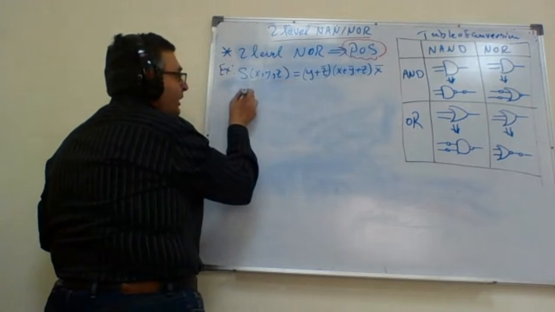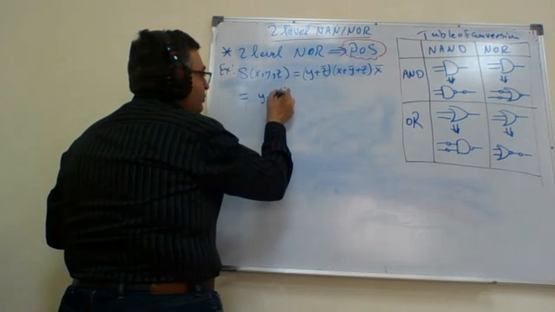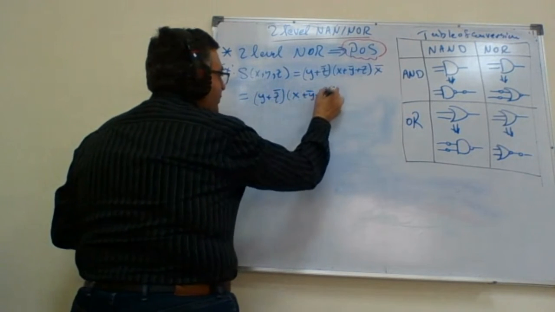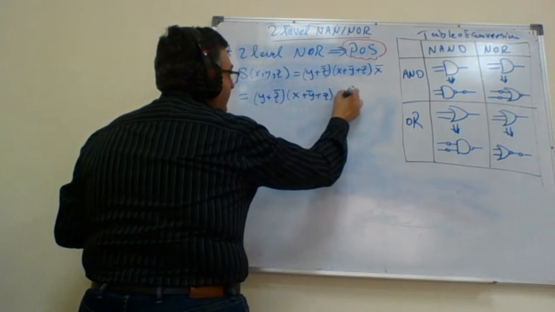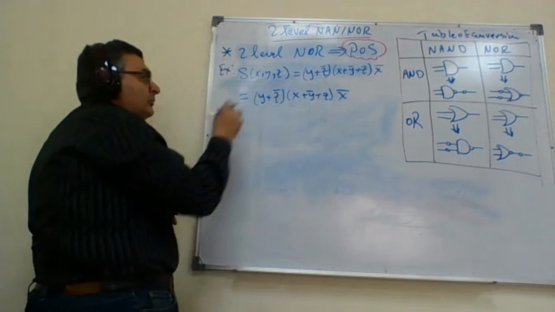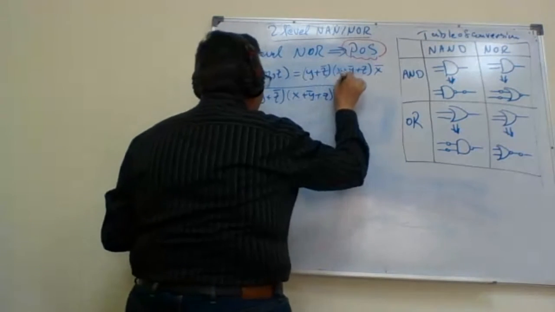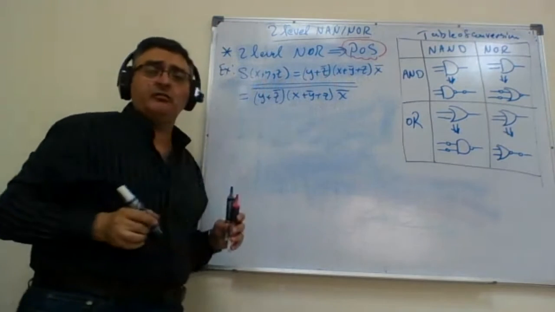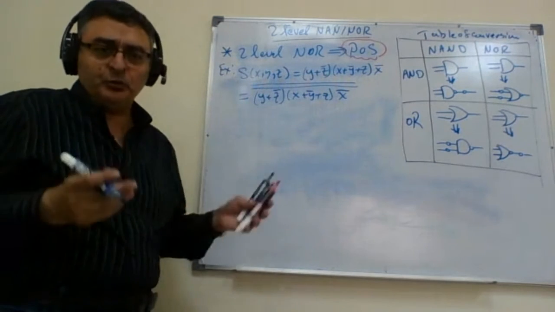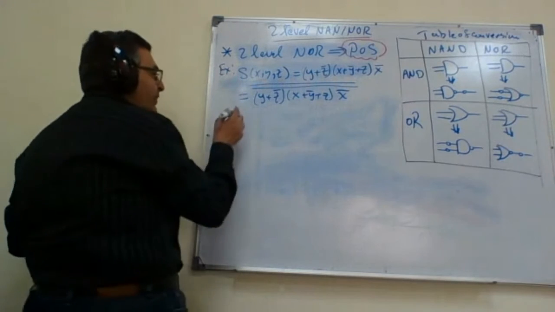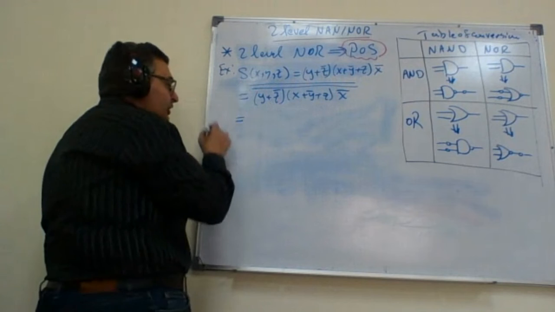Now let's start with the Boolean. Can I use Boolean algebra here? Yes. Y or Z bar, X or Y bar or Z, then X bar. The game is very simple. Put two bars on the whole equation. Did I change anything in the function? I didn't change anything. I put two bars, I keep the logic as it is. Then take the inner using De Morgan.